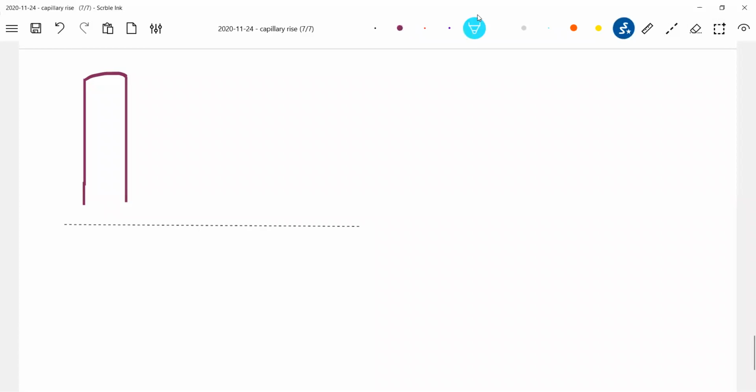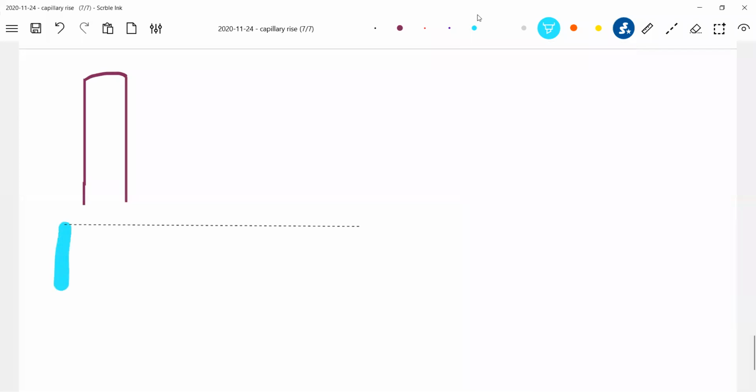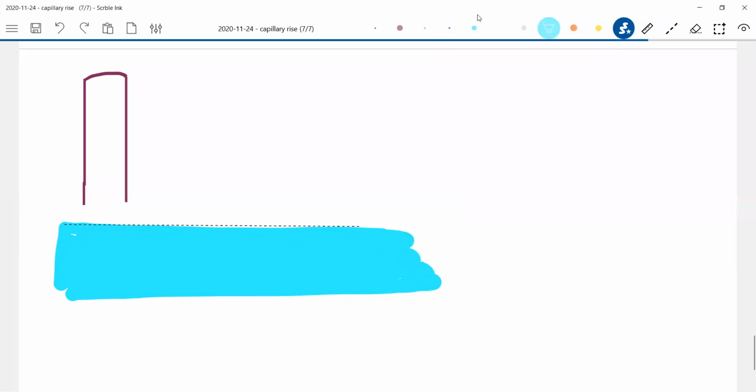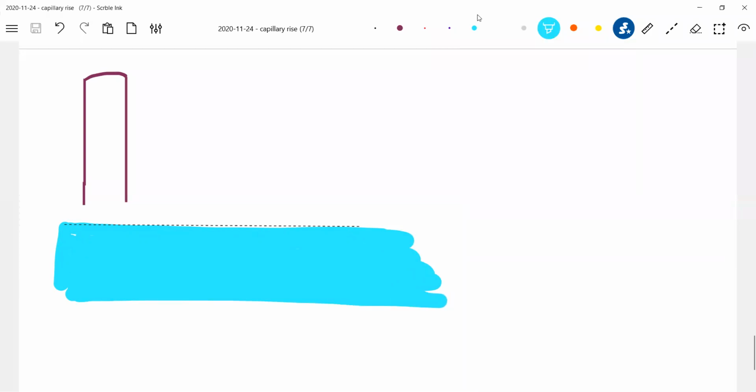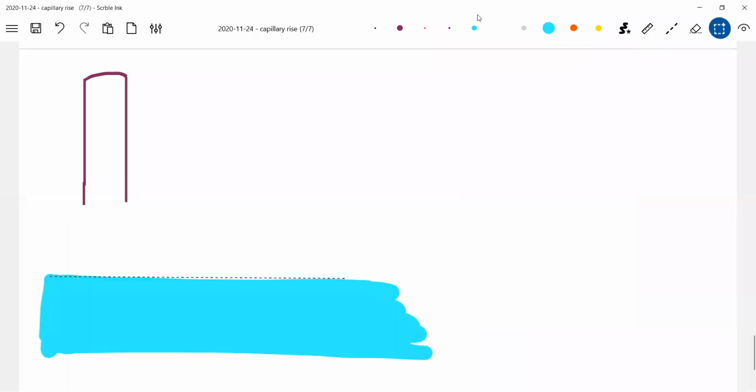I think I'll have to show water. So to what depth should the tube be immersed so that the water level inside and outside the capillary will be the same? There's one very troublesome question for students, so that's why I'm going to help you.